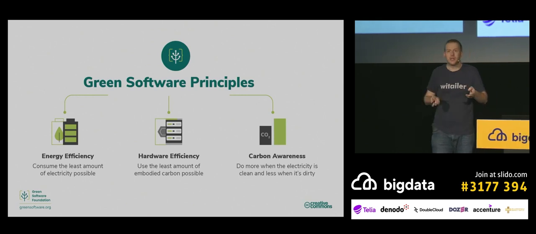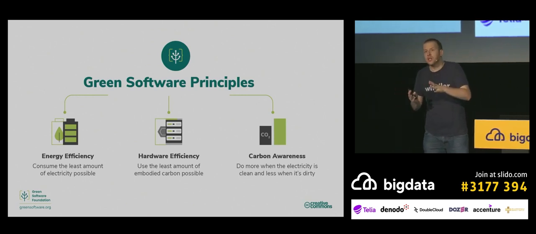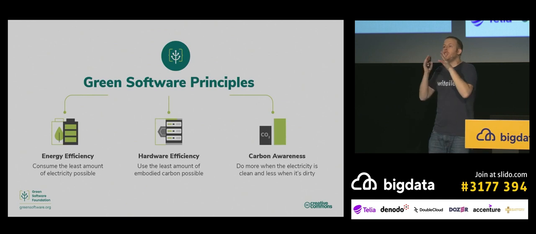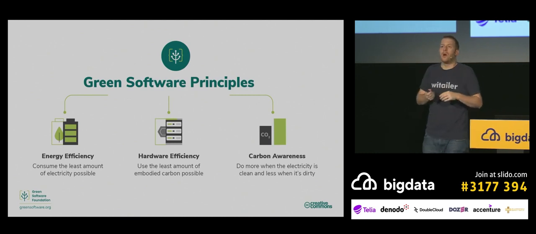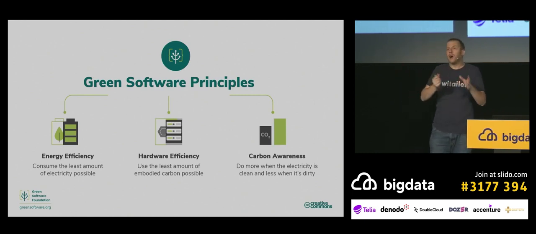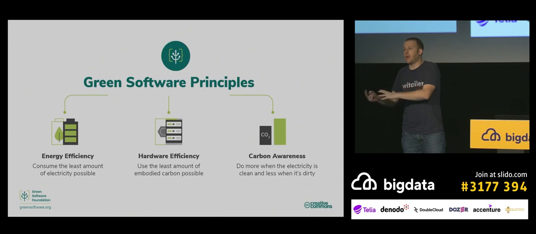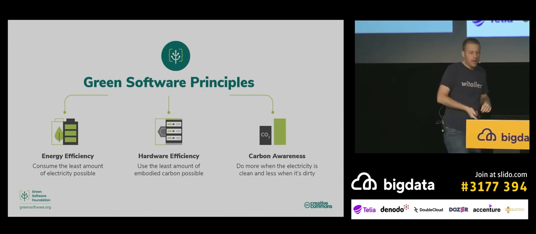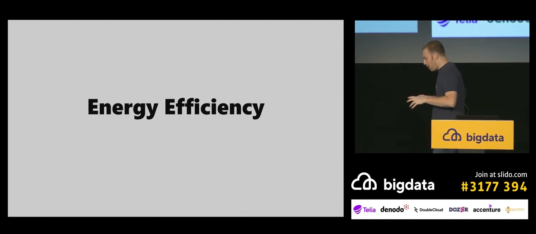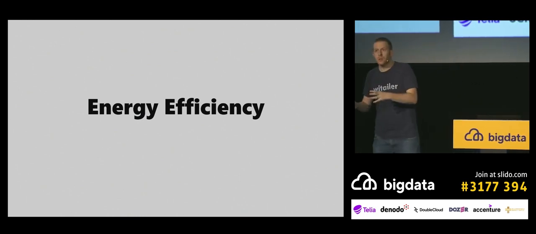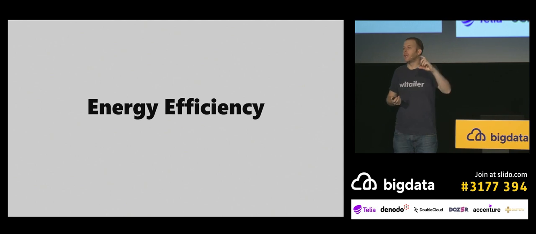Efficiency, so how we use energy and how to use it better, and carbon awareness, so how to produce energy in a better way. Energy efficiency is about making the most of a given amount of energy.